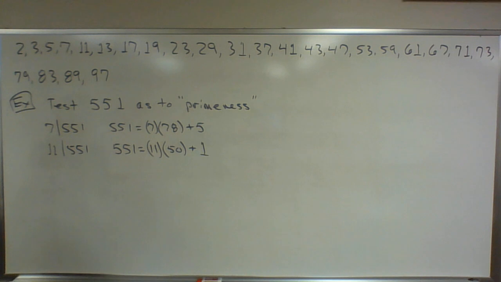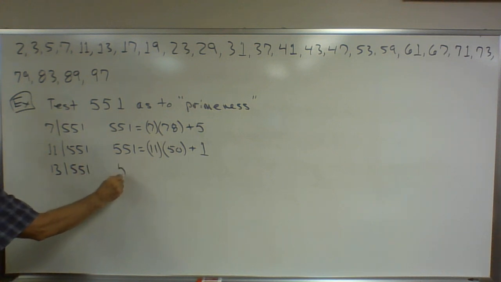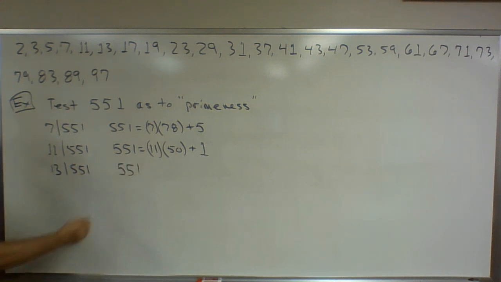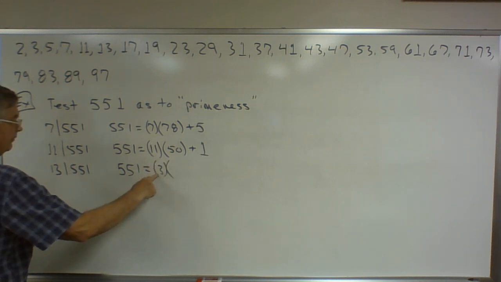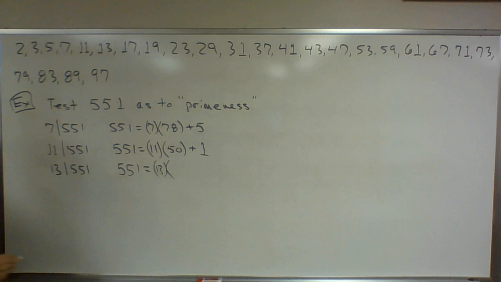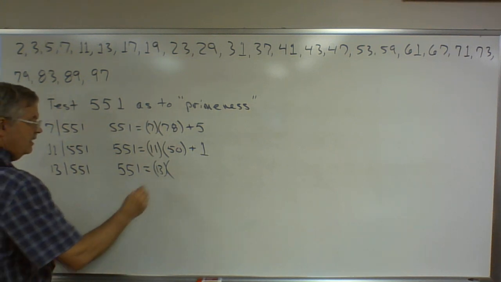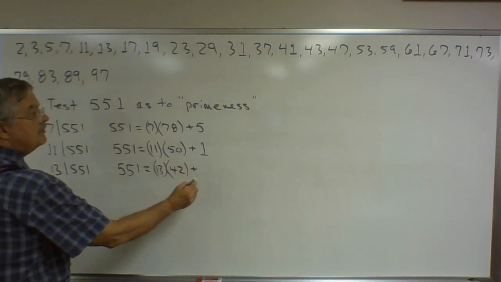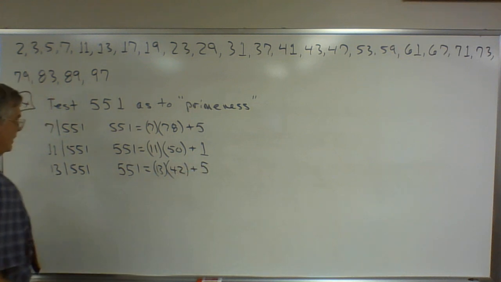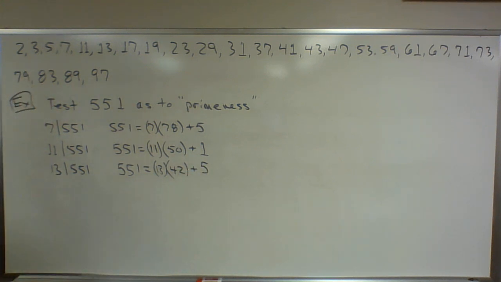No, 11's not a divisor. Okay, let's try 13. Does 13 divide 551? 551 equals 13 times, if we do the math, 42, plus a remainder of 5. And we're getting close to 23 already.